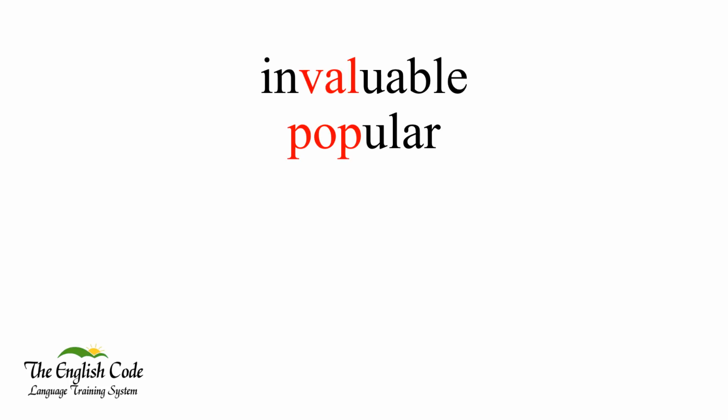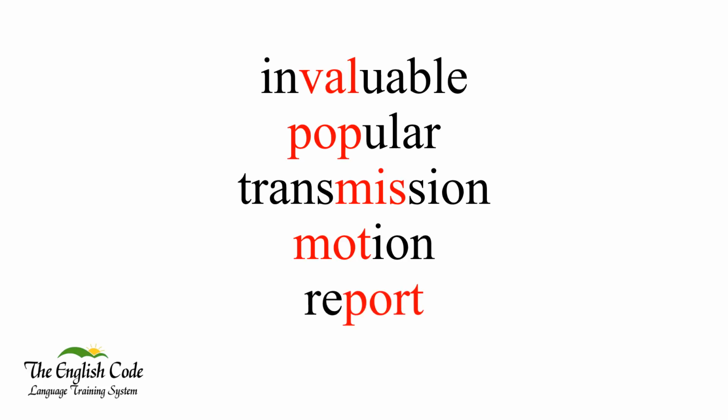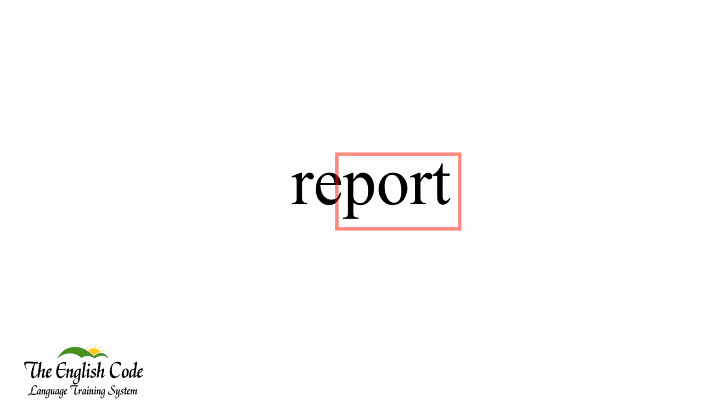The most critical component of Latinate word construction is the Latinate root. Any word which contains a root must revolve around the concept of the meaning of that root. Let's go back to our example, report. The root is port, which means to carry.